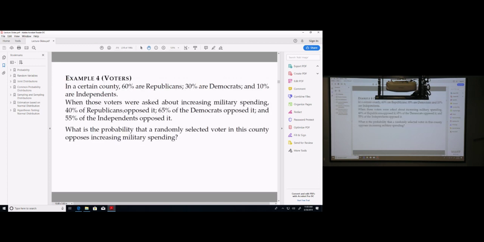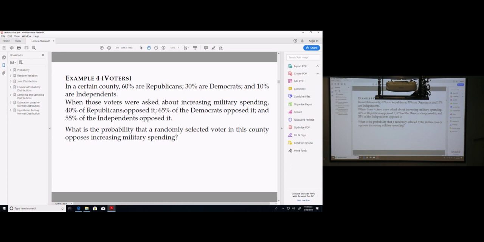Okay, voters. In a certain county, 60% are Republicans, 30% are Democrats, and 10% are independents. When these voters were asked about increasing military spending, 40% of Republicans oppose it, 65% of Democrats oppose it, and 55% of independents oppose it.